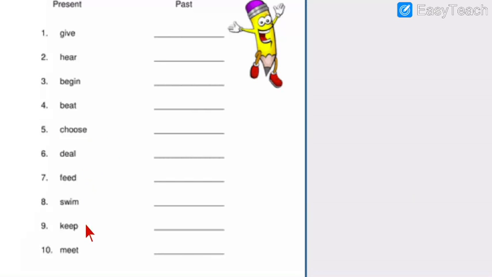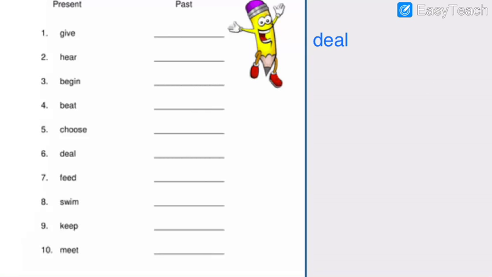Now let us solve the next 5 words. So the next word is, question 6 is deal. D-E-A-L, deal. Now many of you have written dealed, D-E-A-L-E-D. No, dealed is not right.